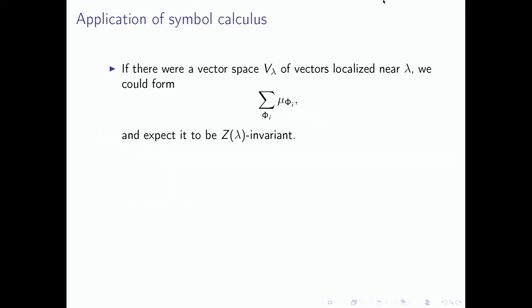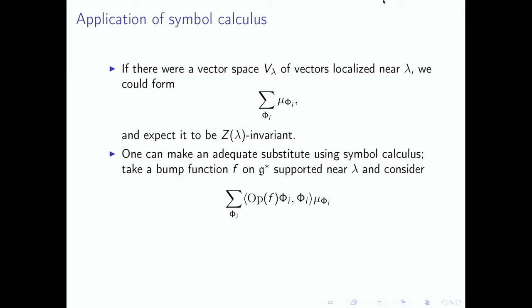All right, so this is not true in any reasonable sense, but if you were to imagine that there were a vector space of vectors that are localized at this lambda, I could just go and add up all those measures over an orthonormal basis of that space. And now when you apply the centralizer of lambda, it just shuffles around the terms in the sum, and that's invariant.